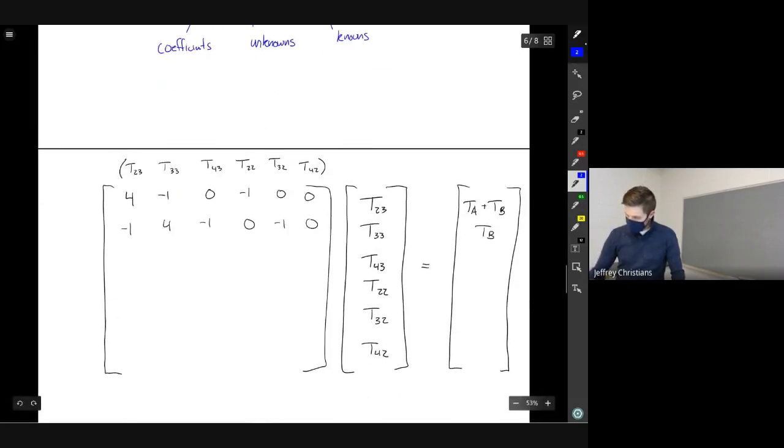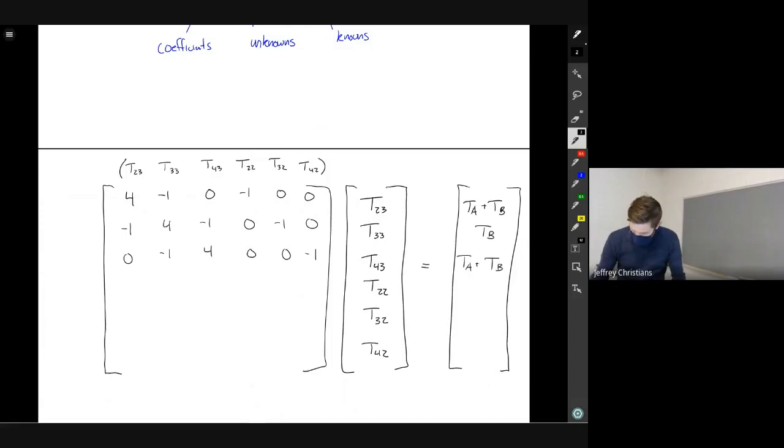Negative 1, 4, 0, 0, negative 1, equals TA plus TB. This would be negative 1, 0, 0, 4, negative 1, 0, equals 2 TA.